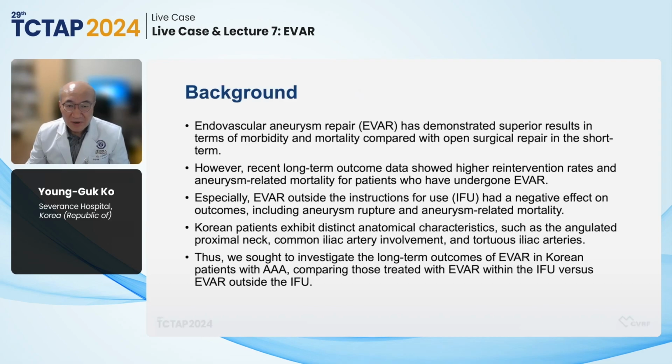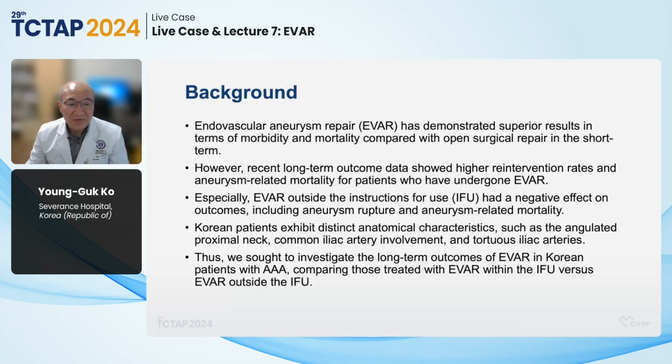Endovascular aneurysm repair has demonstrated superior results in terms of morbidity and mortality compared with open surgical repair in the short term. However, recent long-term outcome data showed higher reintervention rates and aneurysm-related mortality for patients who have undergone EVAR.